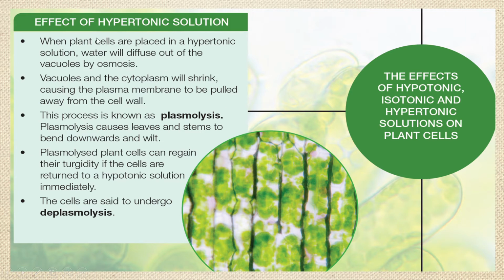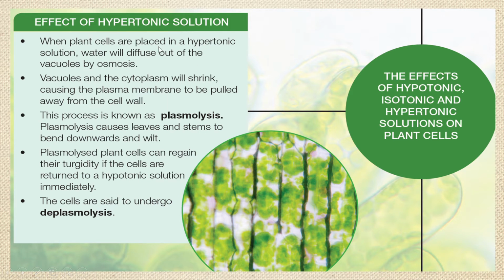Now that the cells are placed in a hypertonic solution, that means the concentration of the intracellular fluid in the plant cells is now higher. That means inside the cells, the plant cells have got higher water potential as compared to the surrounding hypertonic solution.